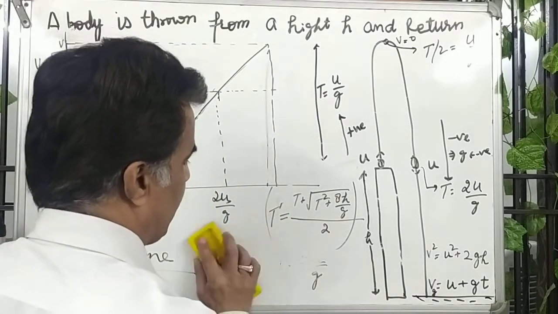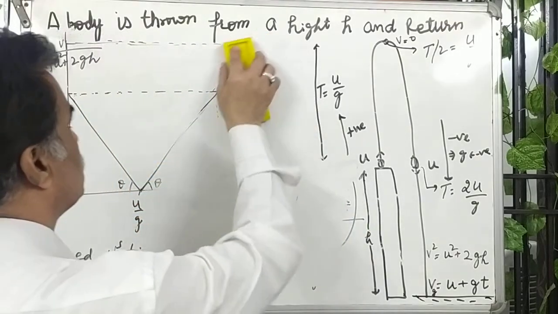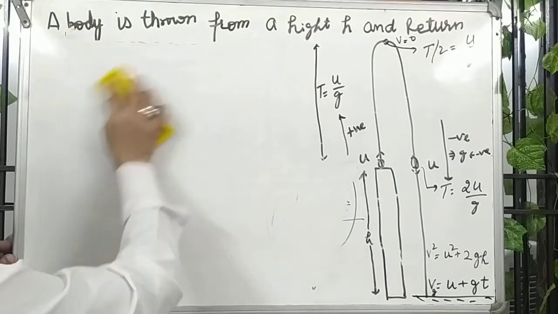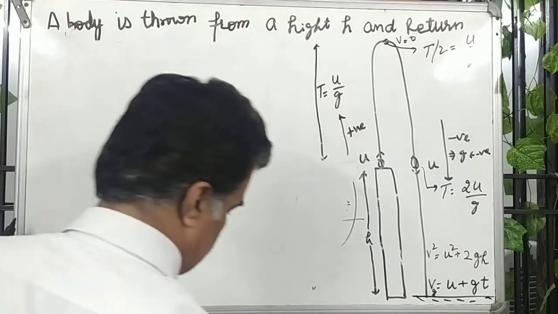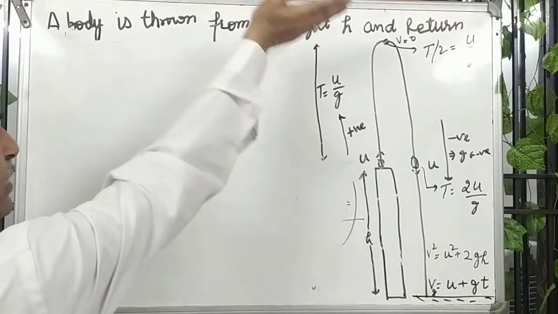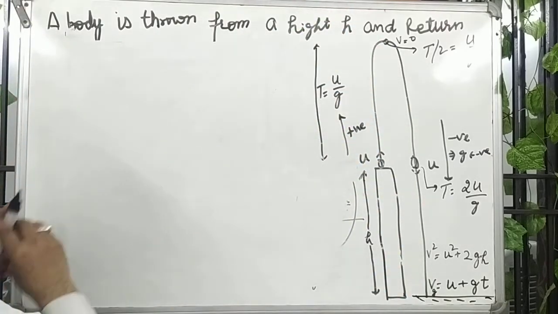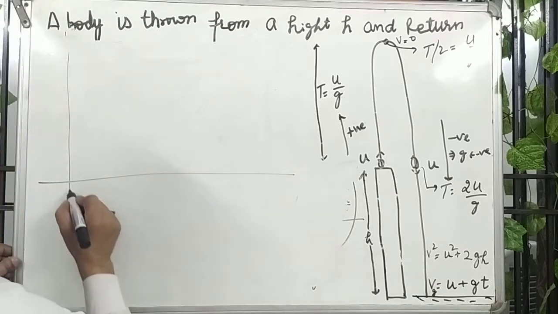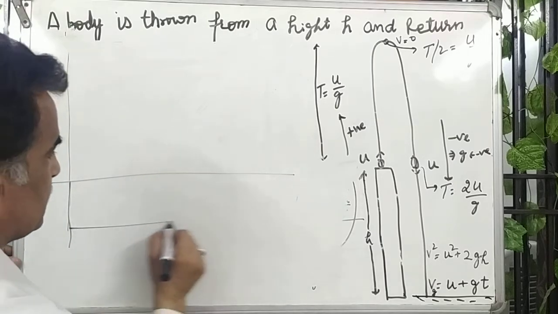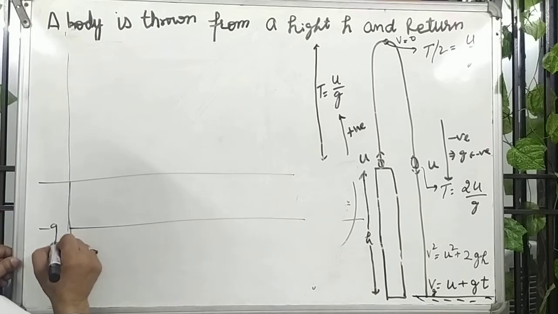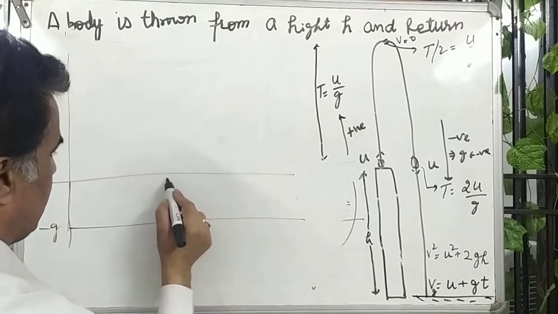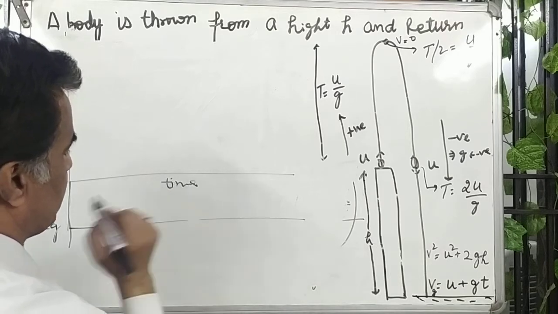And now the acceleration time graph. You have taken upward direction positive, downward direction negative, and acceleration is under gravity. So you can show this as minus g, acceleration versus time graph.